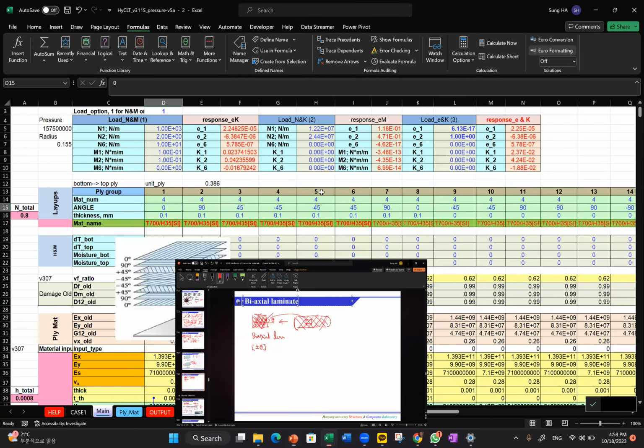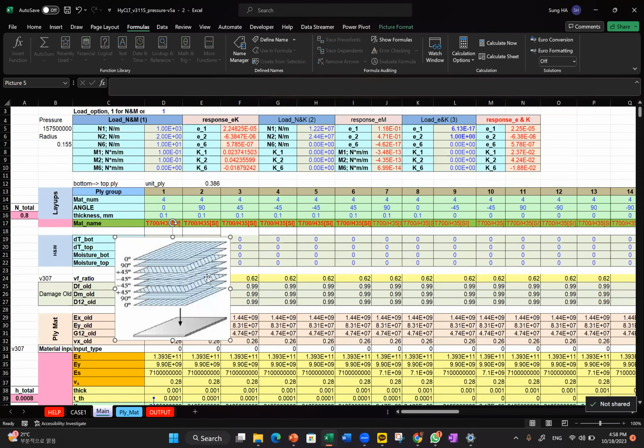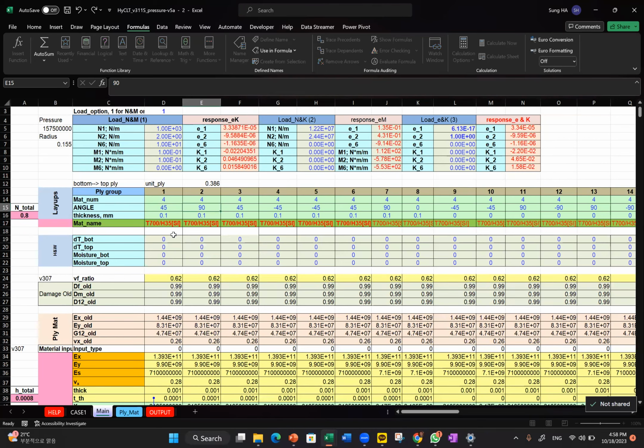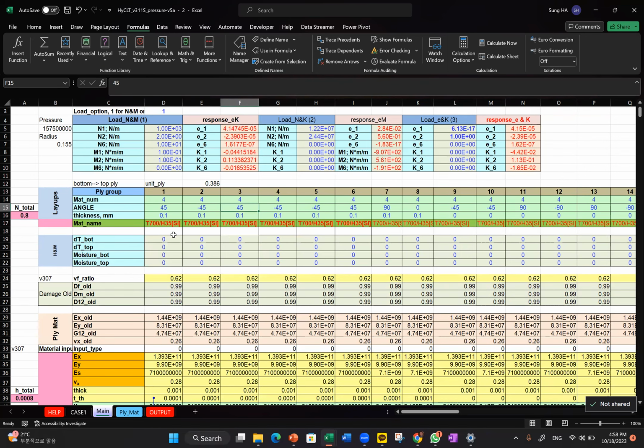Well, how do we consider this one? Let's just start at 45, minus 45, and just repeat. Plus, minus, and so on, okay, just consider 8 plies. So plus 45, minus 45, plus, minus, and then each ply thickness, and then whatever load we have.